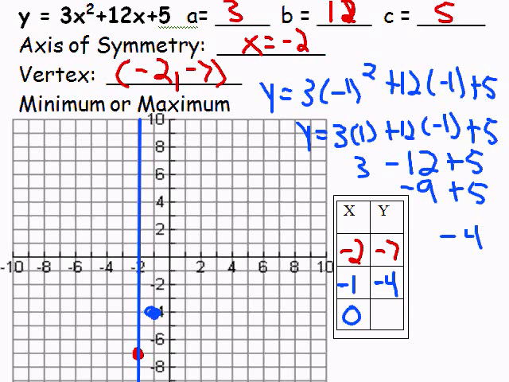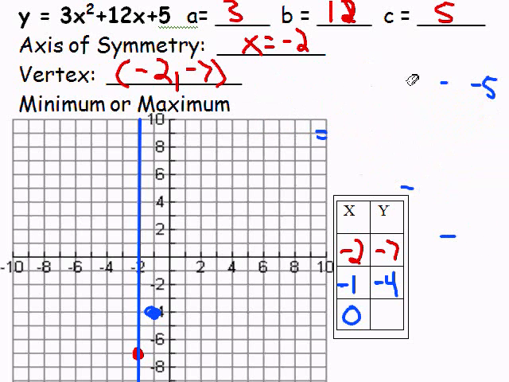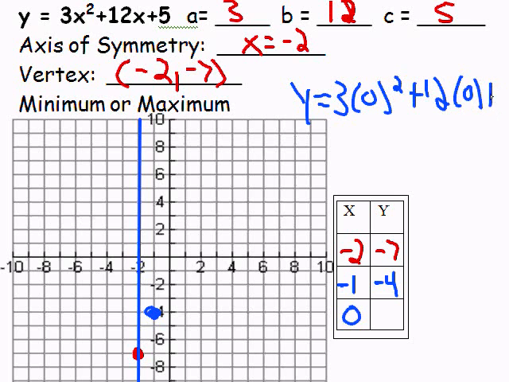And 0 is a lot easier to substitute in because when we put 0 in for those x values, it's going to make finding the y a very quick process, giving us y is equal to 3 times 0 squared plus 12 times 0 plus 5.